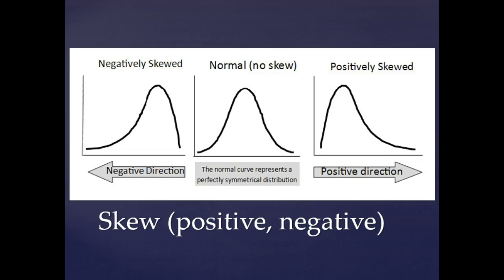If it seems counterintuitive to you, I just want to provide that little nugget of clarification: on the left we see that the tail is drawn out, is pulled out more in the negative direction. So it's about the pull of that tail that suggests whether the skew is positive or negative.